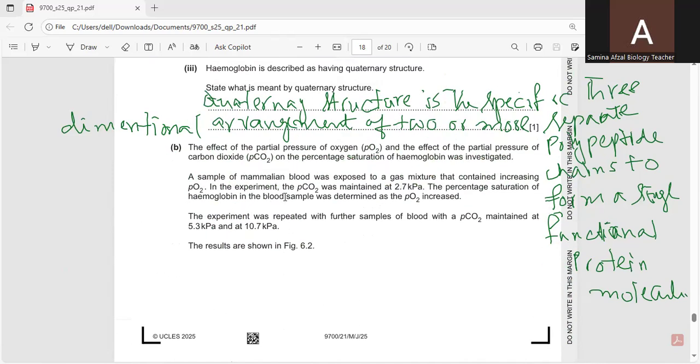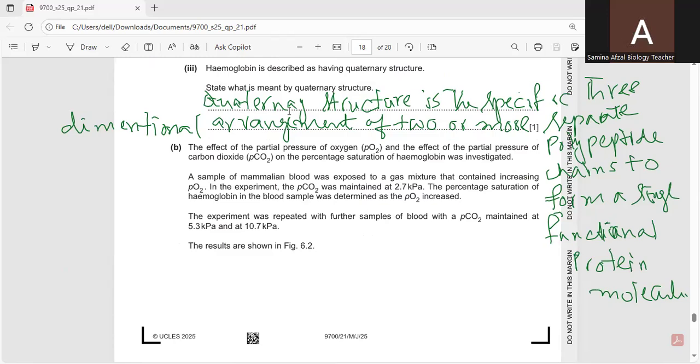So next question, let me read, then we will move. The effect of the partial pressure of oxygen and the effect of the partial pressure of carbon dioxide on the percentage saturation of hemoglobin was investigated. A sample of mammalian blood was exposed to a gas mixture that contained increasing partial pressure of oxygen. In the experiment, the partial pressure of carbon dioxide was maintained at 2.7 kilopascals.